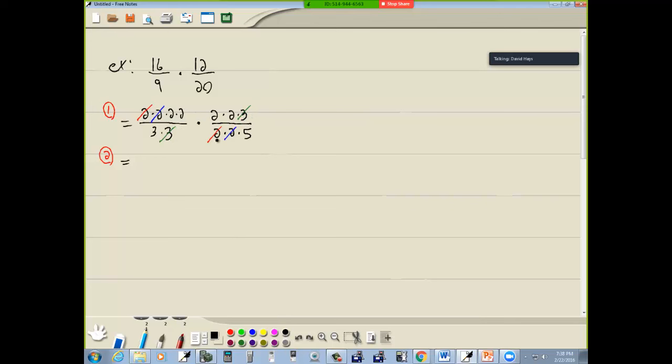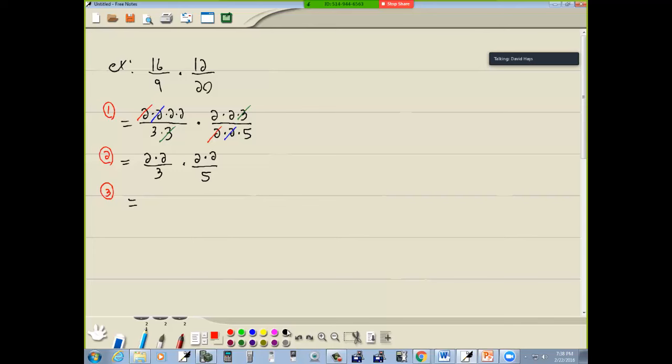And I don't see anything left to cancel there. So I'm left with 2 times 2 over 3 times 2 times 2 over 5. Now, if everything disappeared, you'd always be left with an invisible 1, which you can put there then.